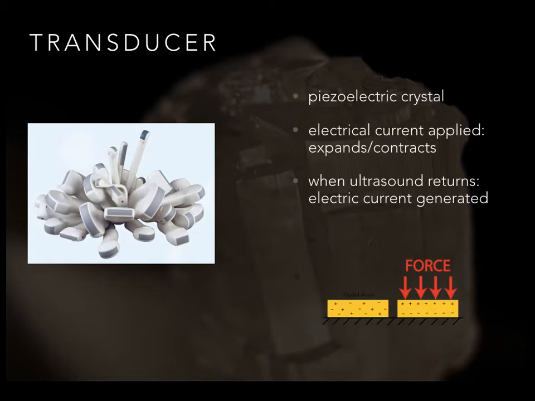If you apply an alternating electrical current, the crystal expands and contracts repeatedly, generating sound waves. When the ultrasound pulse returns to the transducer and strikes the piezoelectric crystal, an electrical current is generated. The transducer acts both as transmitter and the receiver for the ultrasound waves.